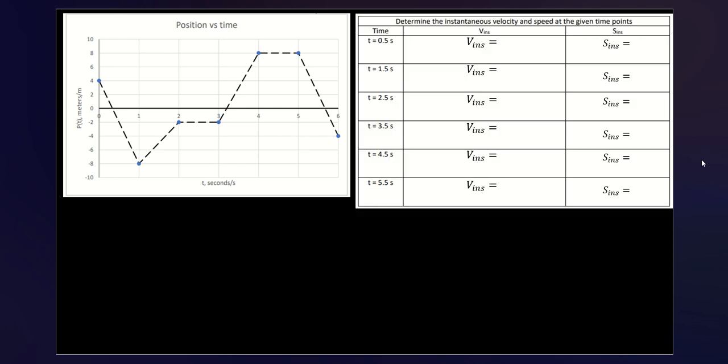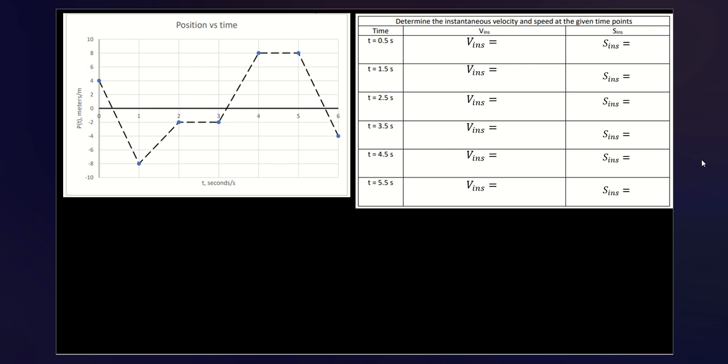Now, the next leg of our journey is just calculating instantaneous parameters for speed and velocity. Unlike calculating the velocity and speed on average over the entire run, here you would be asked to solve for velocity and speed at specific points in time.